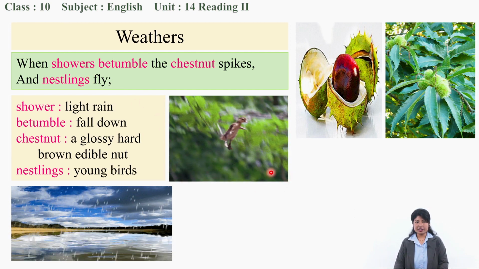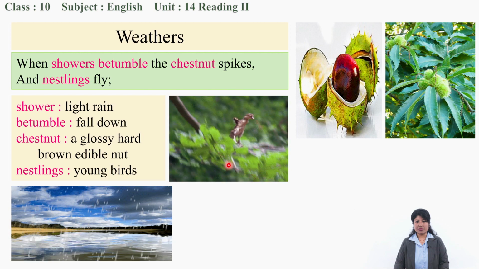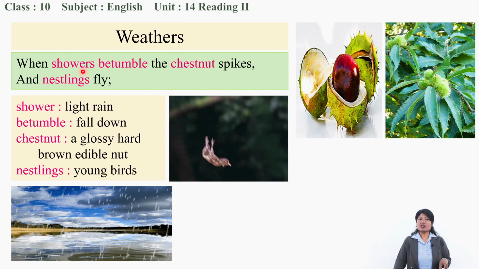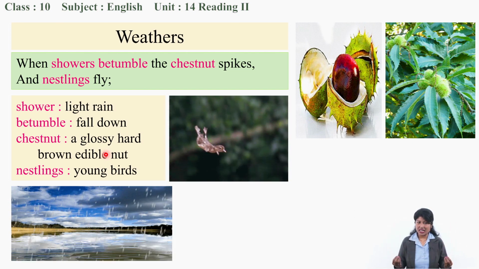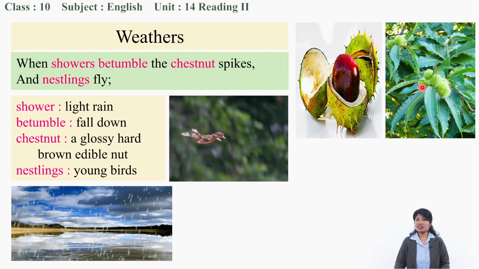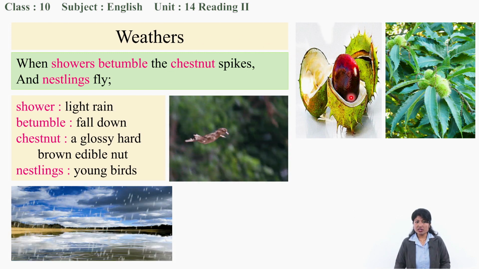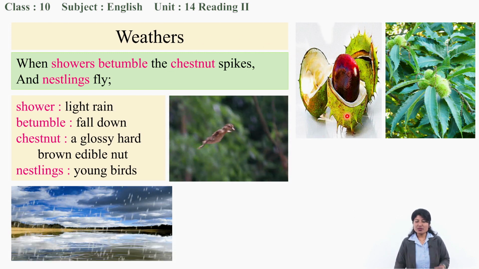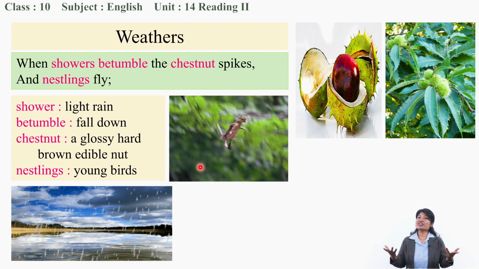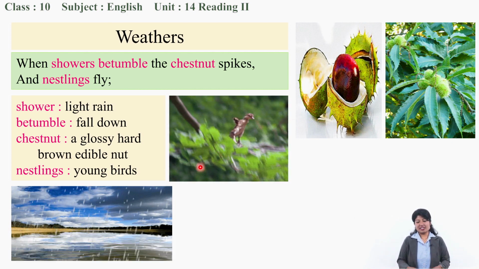Or you can see here a nestling flying, trying to learn flying. So this is the season when showers fall down and there are chestnuts on the chestnut tree with thorny spikes, and nestlings also learn flying.